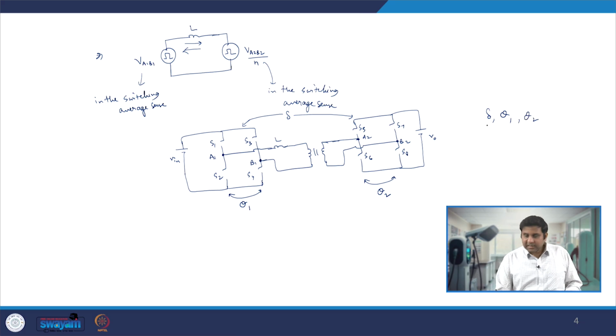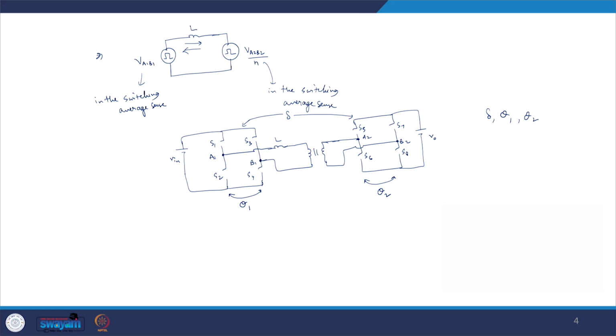So delta is actually the phase shift between the two full bridges. One full bridge comprises S1 S2 S3 S4, and the other comprises S5 S6 S7 S8. Another phase shift is between the two half bridges in full bridge 1. Let me say this is full bridge 1, and let me define this as full bridge 2.